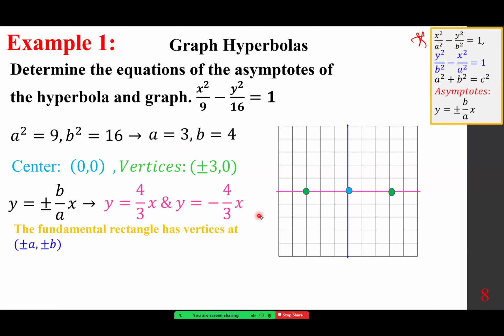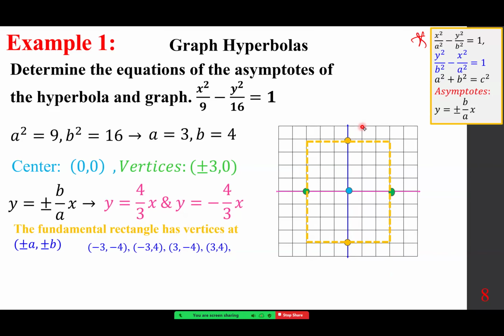The fundamental rectangle has the following vertices. Because it's centered at 0, 0, it's plus minus a, plus minus b. That creates the following four pairs. Remember, a is 3, b is 4. So negative 3, negative 4, negative 3, positive 4, positive 3, negative 4, positive 3, positive 4. That's what it creates.